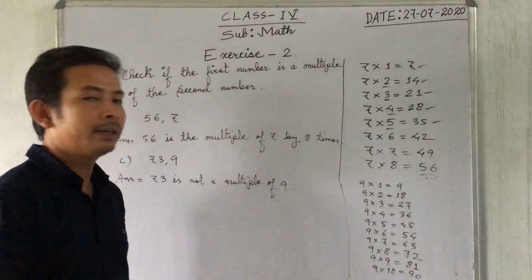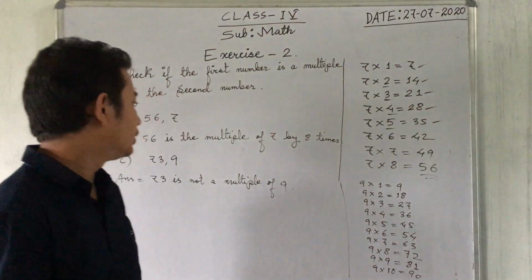So we cannot say 73 is a multiple of 9. This way you have to do.